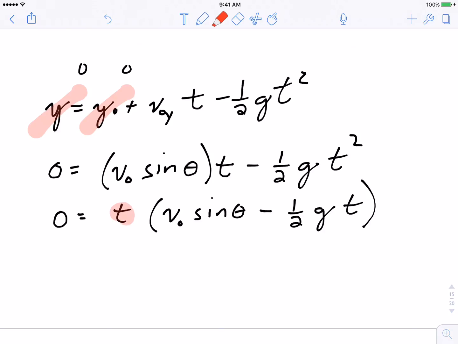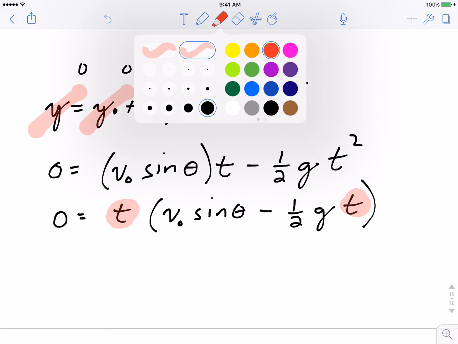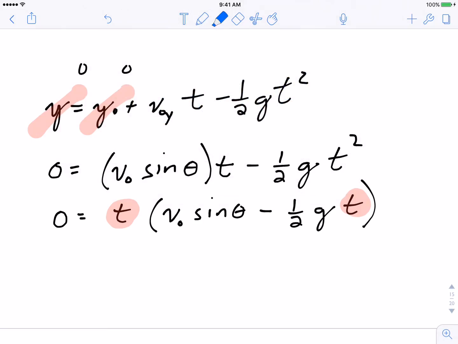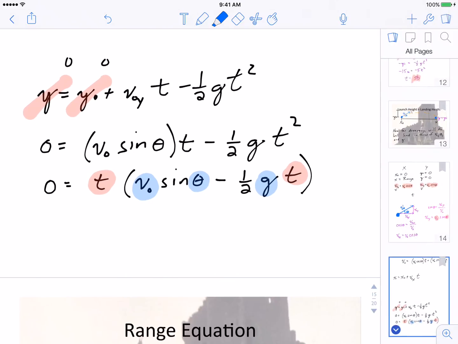Basically our unknown is t, and the variables we're allowed to work with are VO, theta, and g. So I'm really in good shape. I just need to get t in terms of VO, theta, and g.